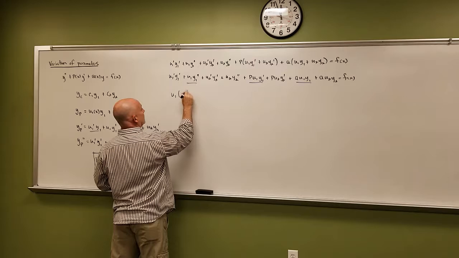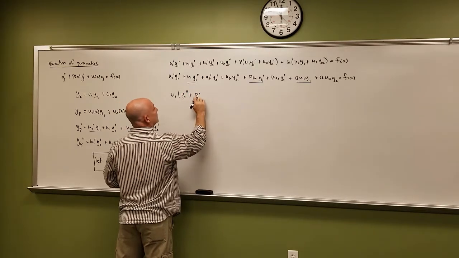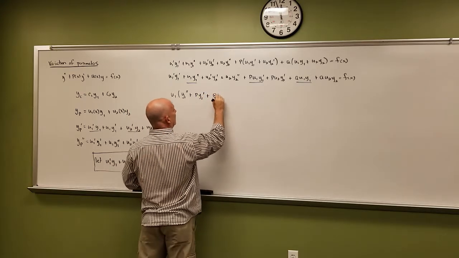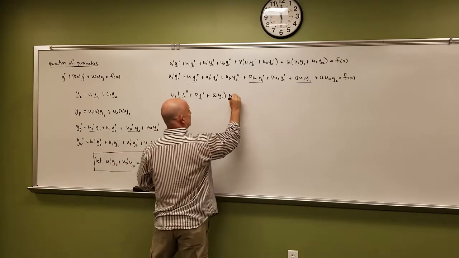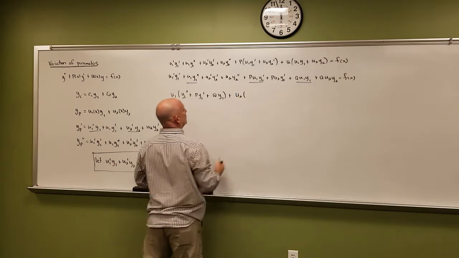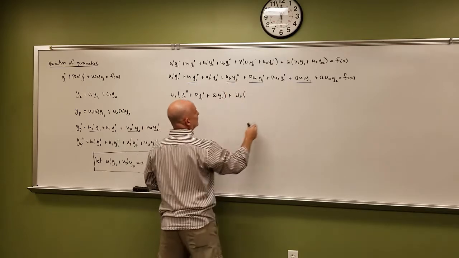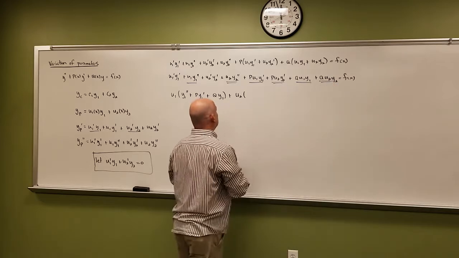I get y1'' plus p of x times y1' plus q times y1, plus, now I'm going to do the same thing for u2. What do I have with u2s? Well, there's a u2, there's a u2, and right there is also.